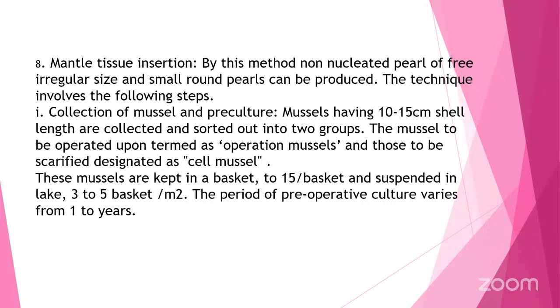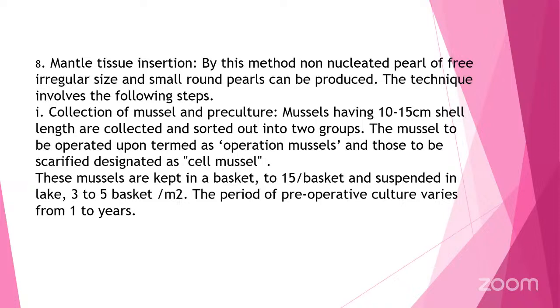Then mantle tissue insertion. By this method, non-nucleated pearls of free irregular size and small round pearls can be produced. The technique involves the following steps: collection of mussels and pre-culture. Mussels having 10 to 15 centimeter shell length are collected and sorted out into two groups: the mussels to be operated upon, termed as operation mussels, and those to be sacrificed, designated as cell mussels.